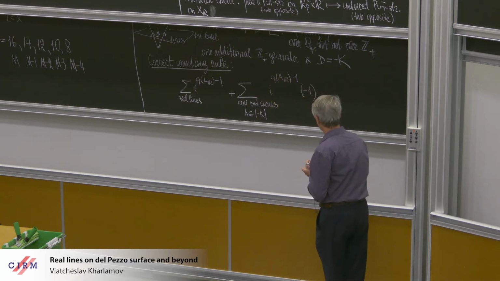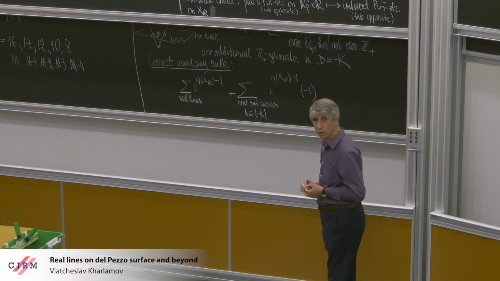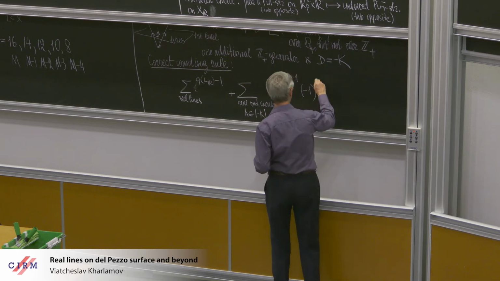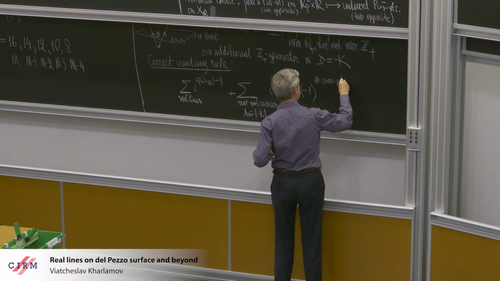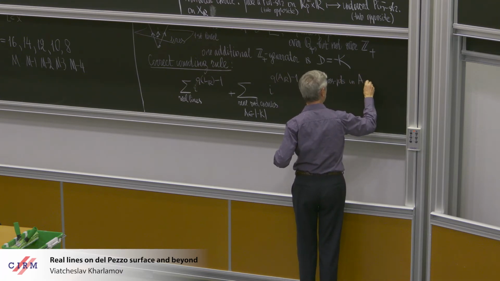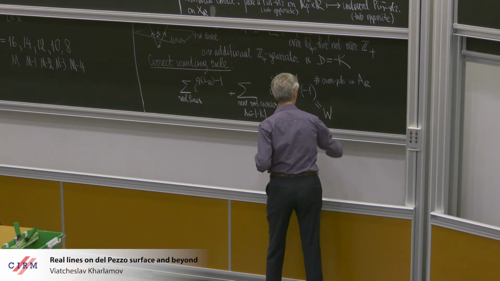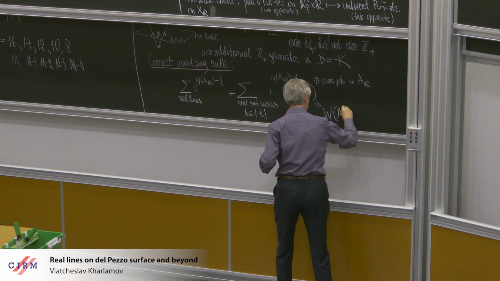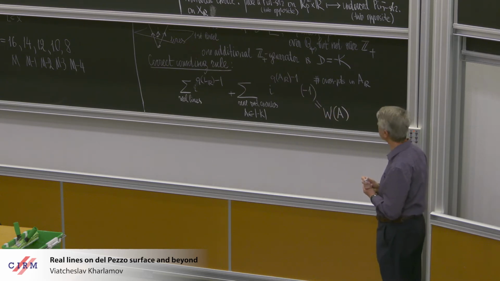So we were obliged to change a little bit his signs, and so we count, instead of solitary points, the number of cross points. But nevertheless, I will denote this as W, the number of A. Okay?